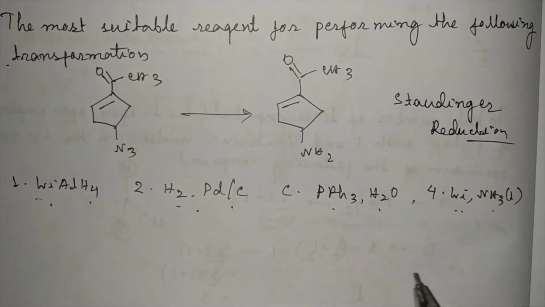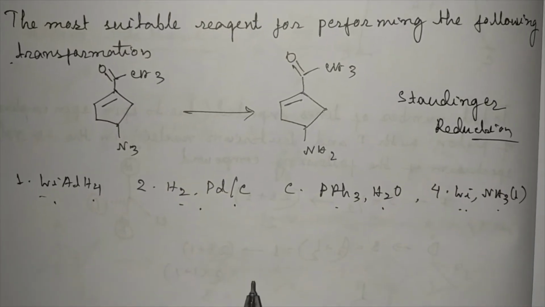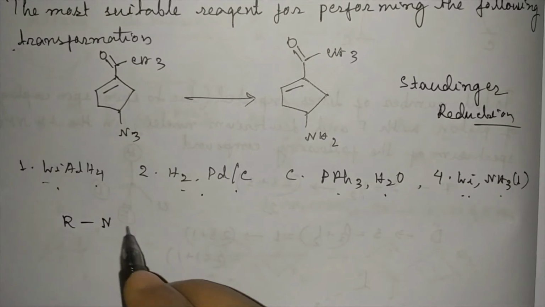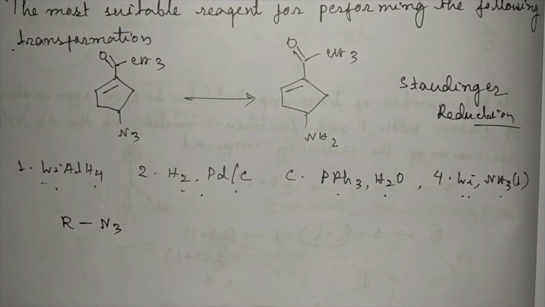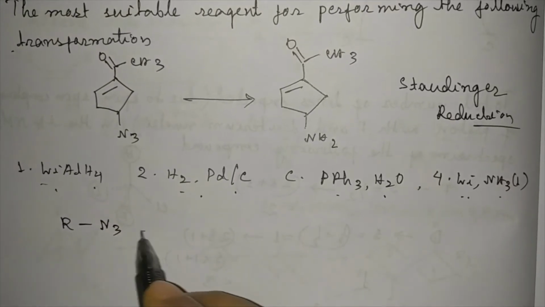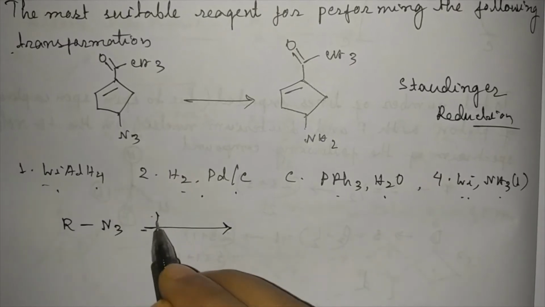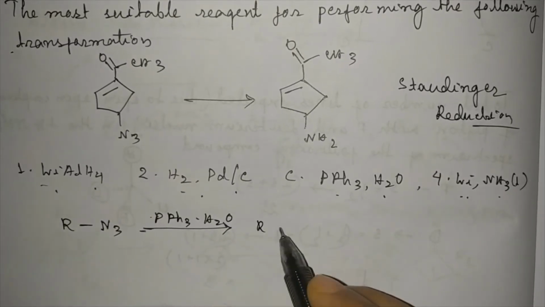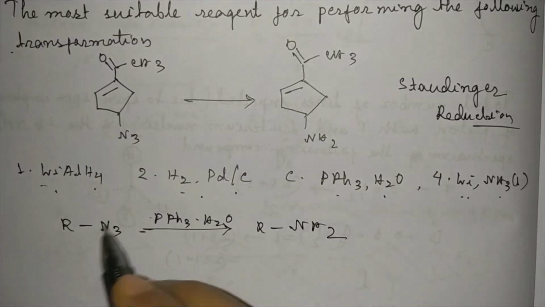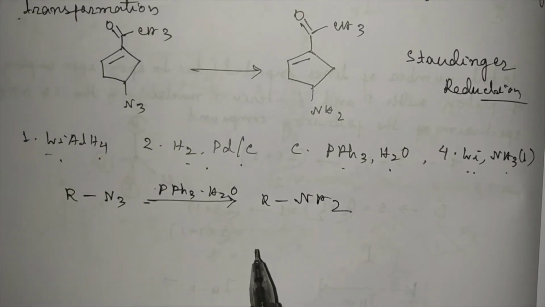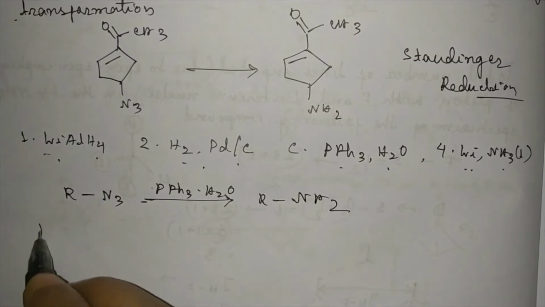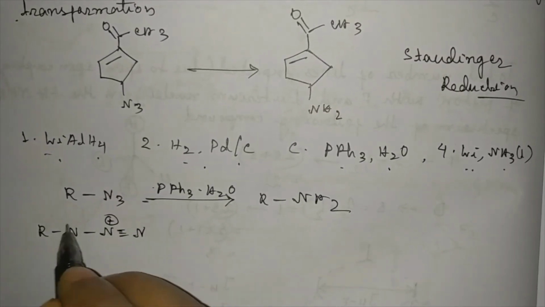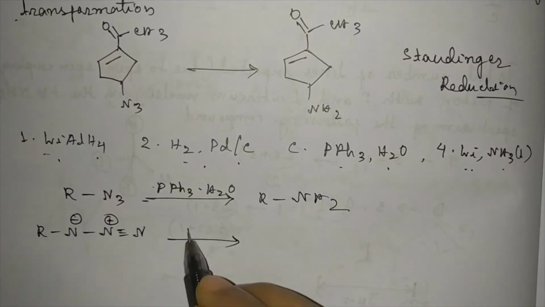Staudinger reduction. So what is Staudinger reduction? In the Staudinger reaction, a molecule containing an azide group, if treated with PPh3/H2O, gives the product RNH2, so azide can be converted into amine. We'll discuss the mechanism shortly. This is the azide.